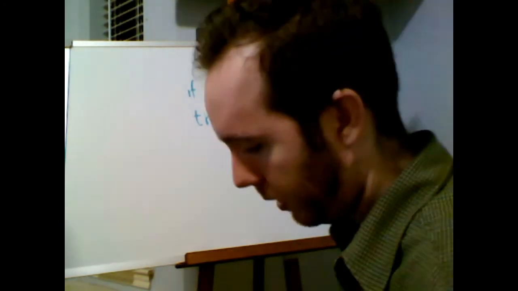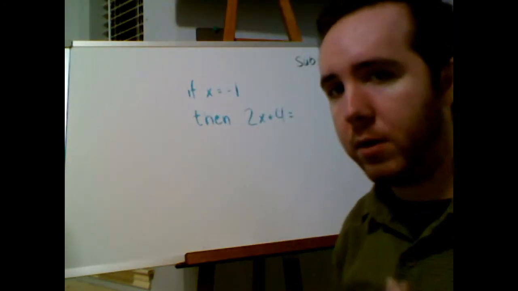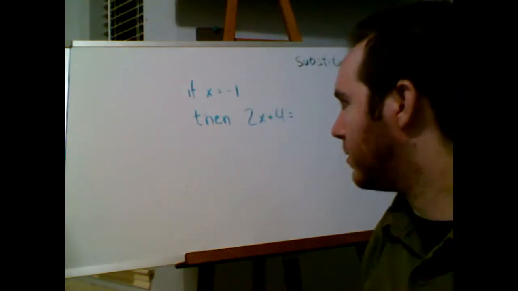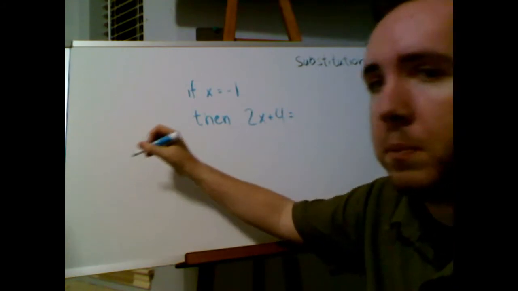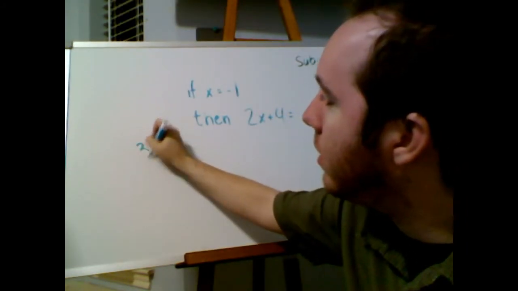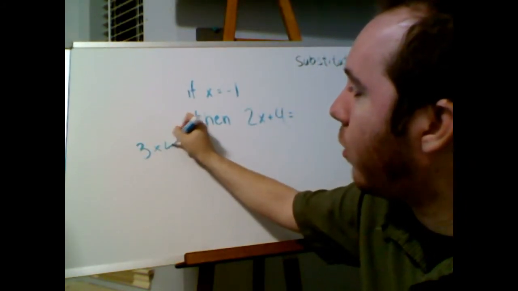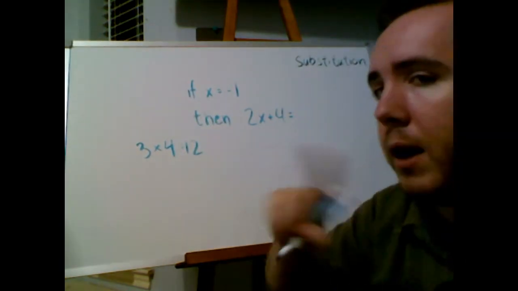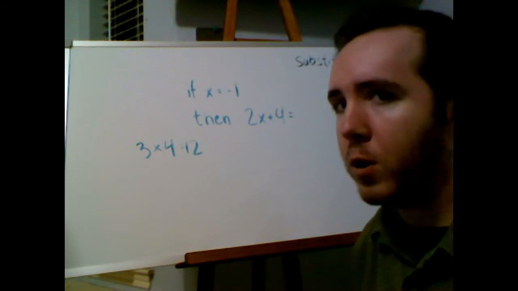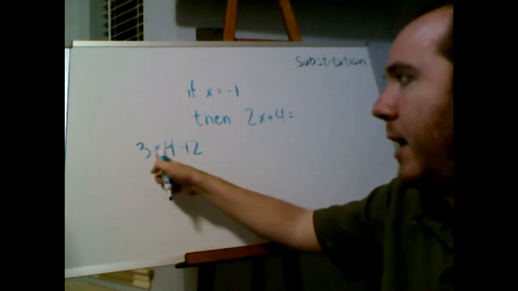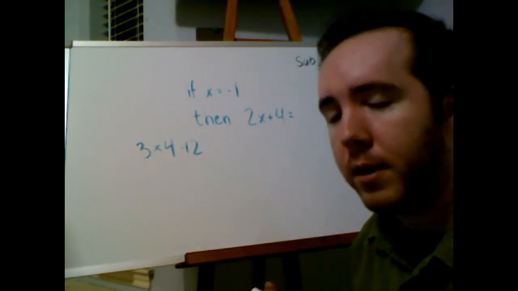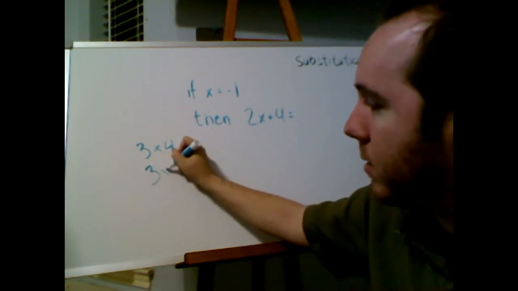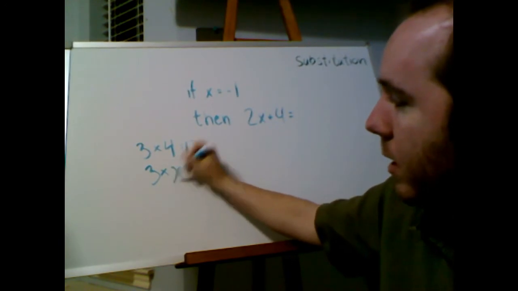Now here we're going to be introduced to kind of a new idea in our notation. Previously, when you multiplied, you did 3 times 4, right? And that was 12. But unfortunately, the multiplication sign looks a bit too much like an x. So if we tried to say 3 times x, it would look like this.